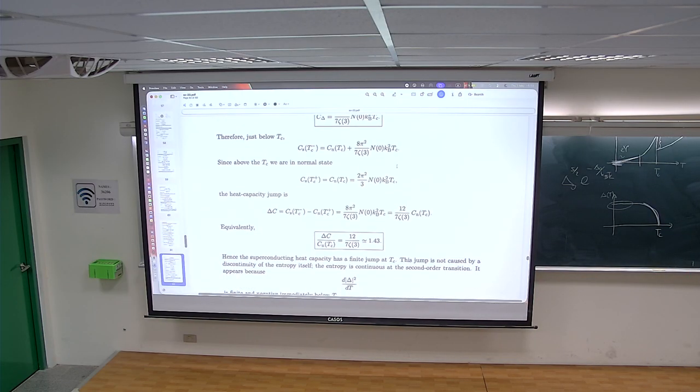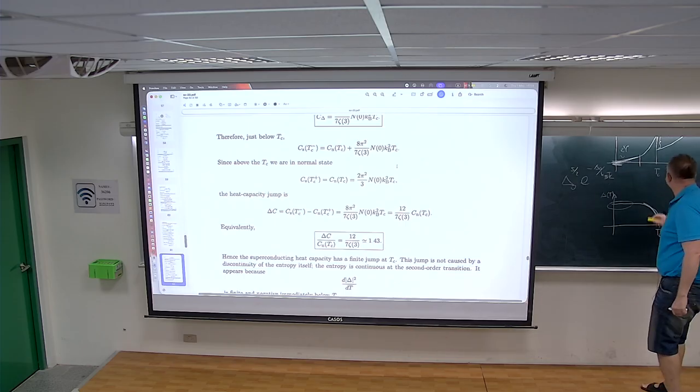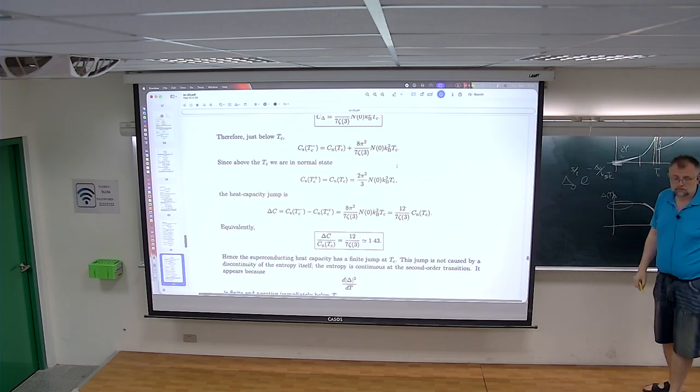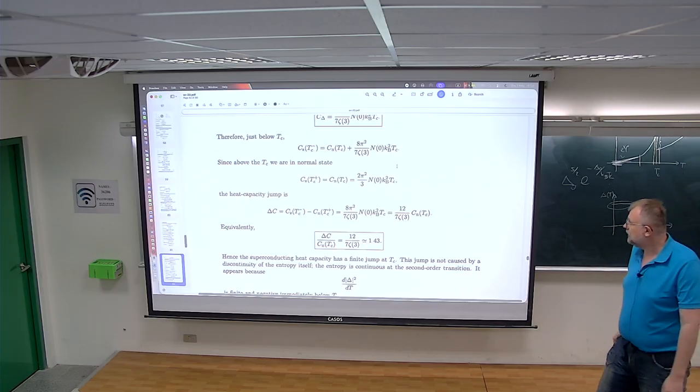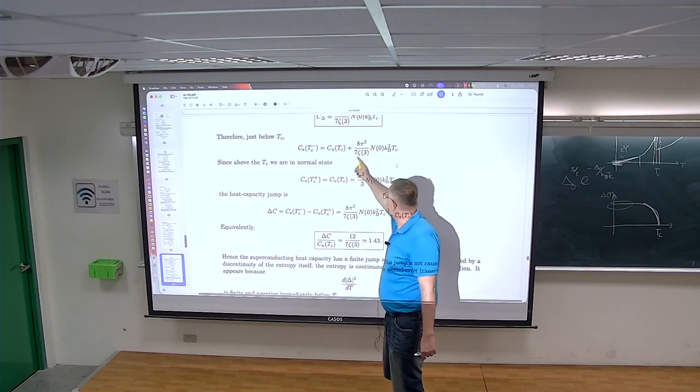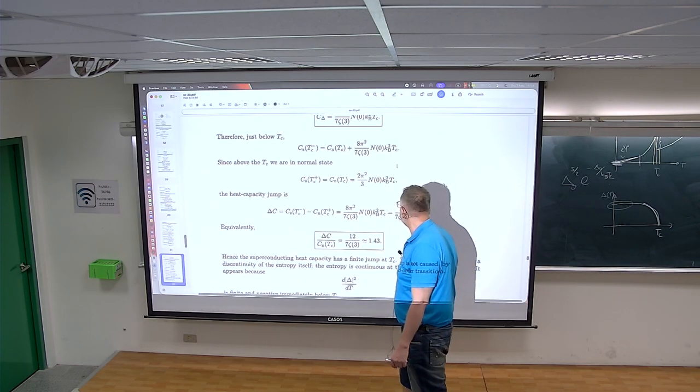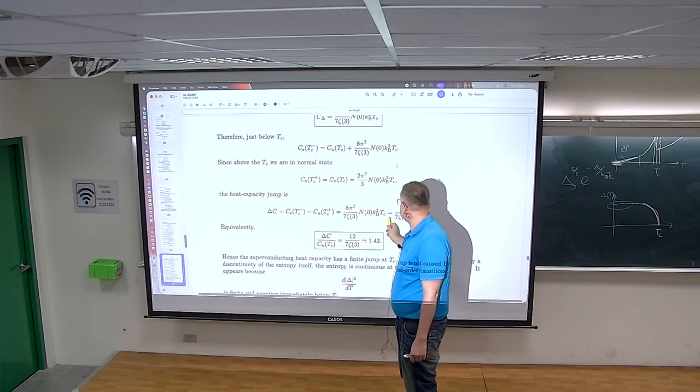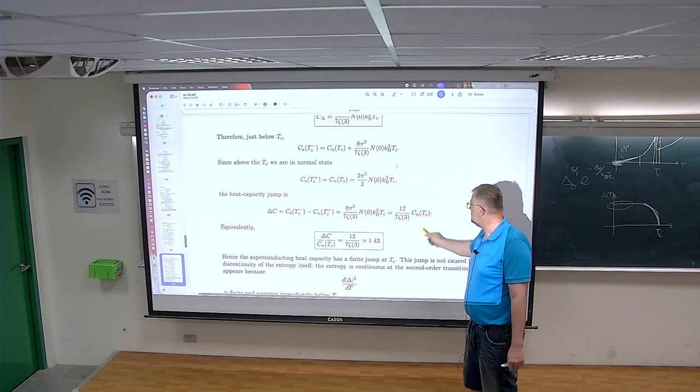So now if you take the difference of those two things, below the critical temperature and above the critical temperature, I'm exactly comparing those two results. Then the difference of those two expressions, if you just look, you are getting just that. But now you recognize that this is nothing else than the Cn of the normal state.